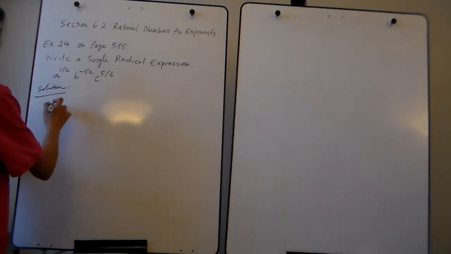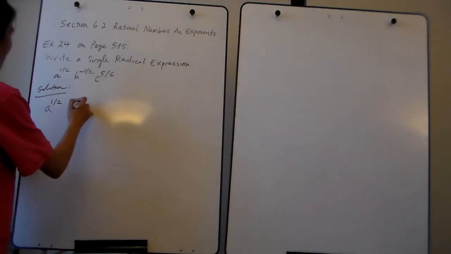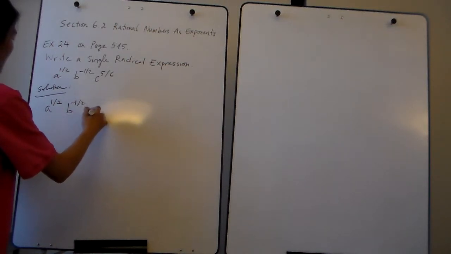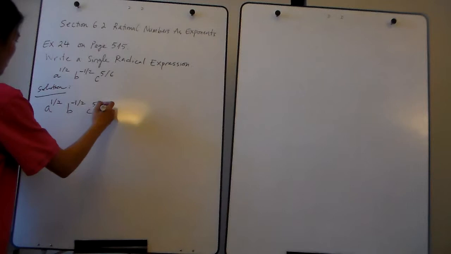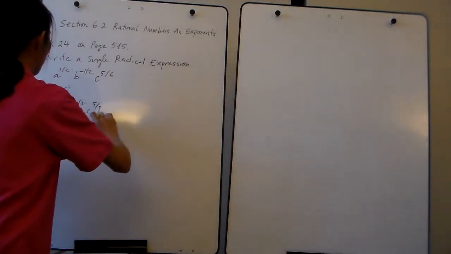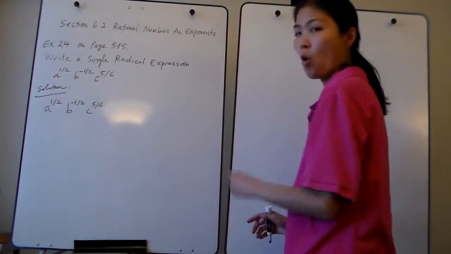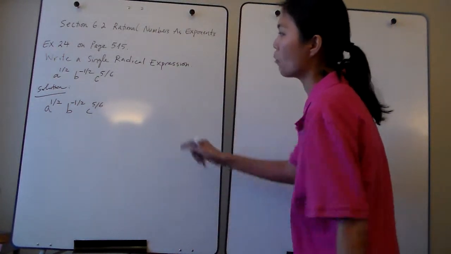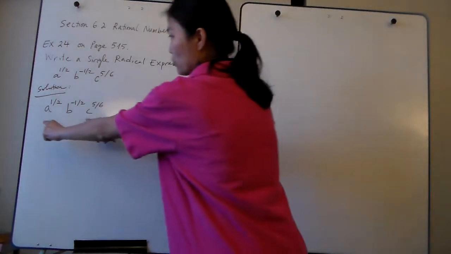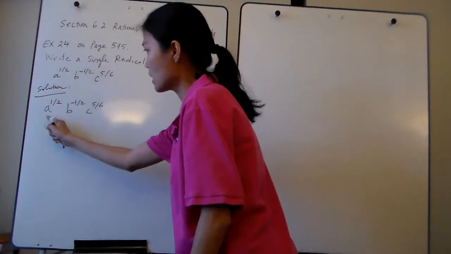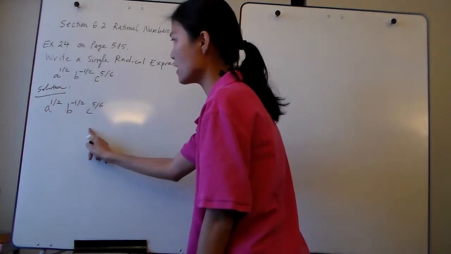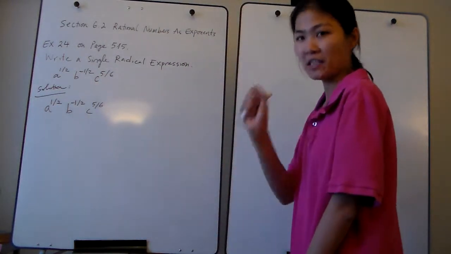So we start with A raised to 1 divided by 2, B raised to -1 divided by 2, C raised to 5 divided by 6. Now the trick is, before you can convert all these to one single radical expression, you must be able to combine these three bases A, B, and C with the same exponents.